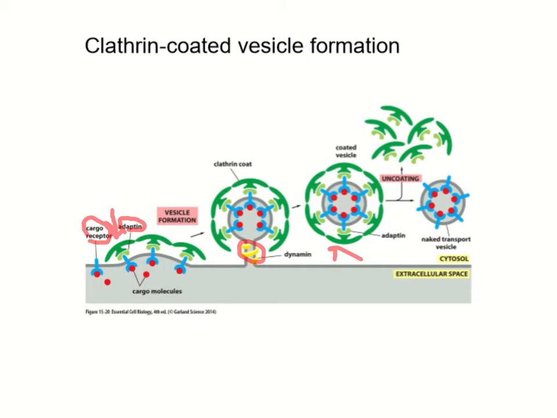And then once the vesicle is free and in the cytoplasm, that clathrin coat comes off and the vesicle, sometimes called the naked vesicle, is transported. And that's usually via something we'll look at in a later chapter, the cytoskeleton, microtubules in the cytoskeleton.